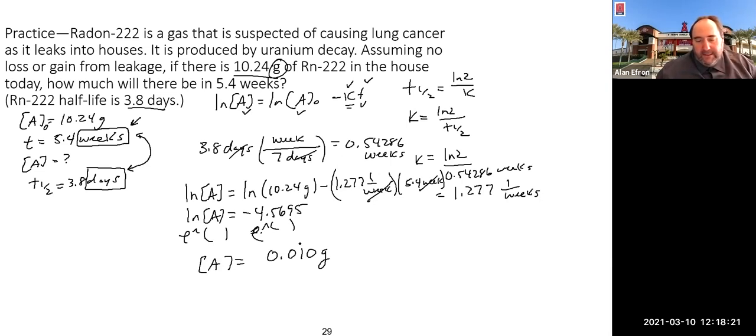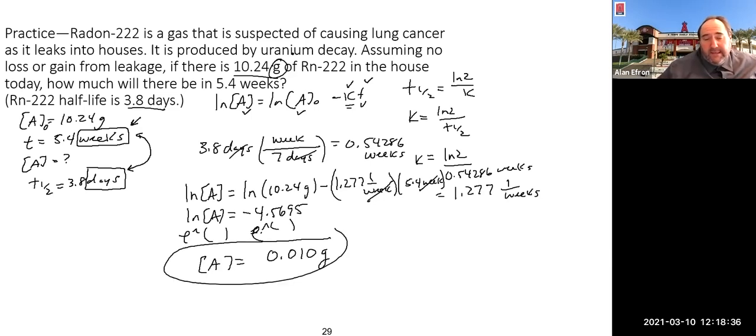Again, depending on your rounding, you might end up with 0.011 or something like that. It's okay, it's just some rounding or where you rounded. Any questions on that particular one? Also, it does make sense: we started with 10.24 and we obviously ended with a lot less. Any questions on that one there?